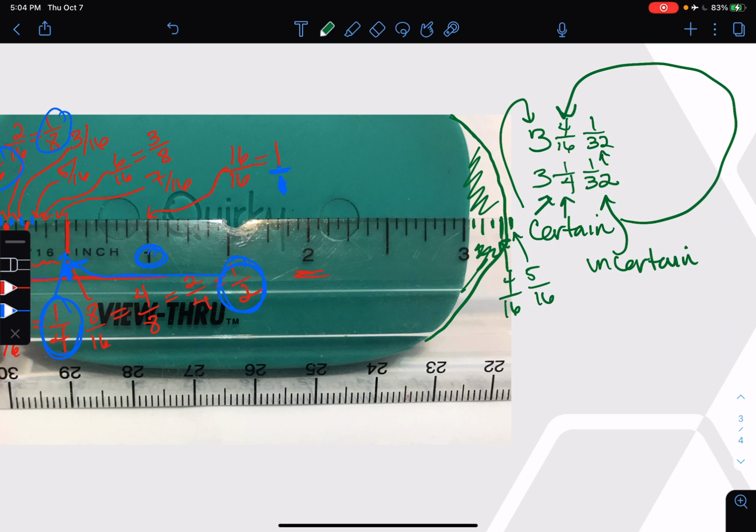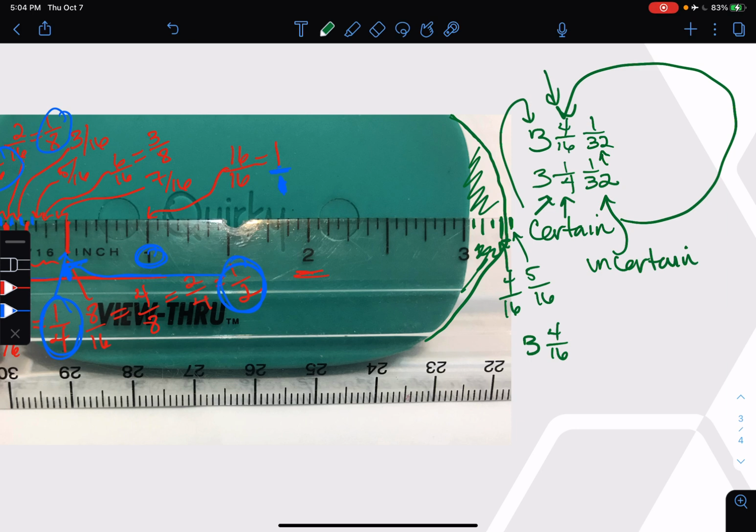Now, before, the middle part was a 0, so we ignored it. But here, we have all of these things. And remember, with fractions, you can only add them if the denominator is the same. So unfortunately, we have to do a little bit of math here. We have 3, and our 4/16 needs to be turned into 32nds.